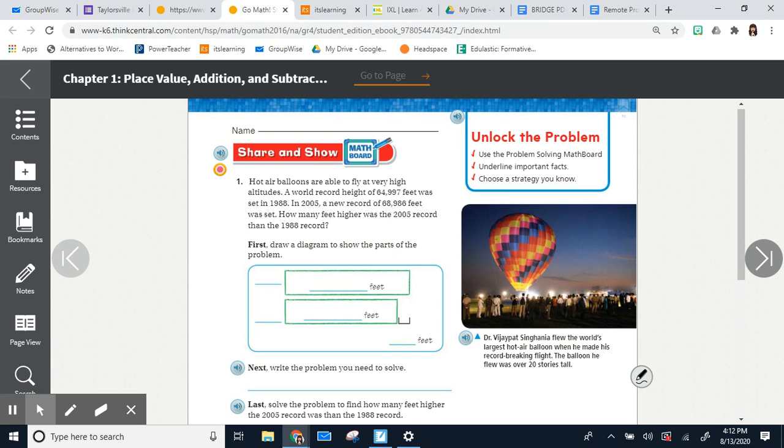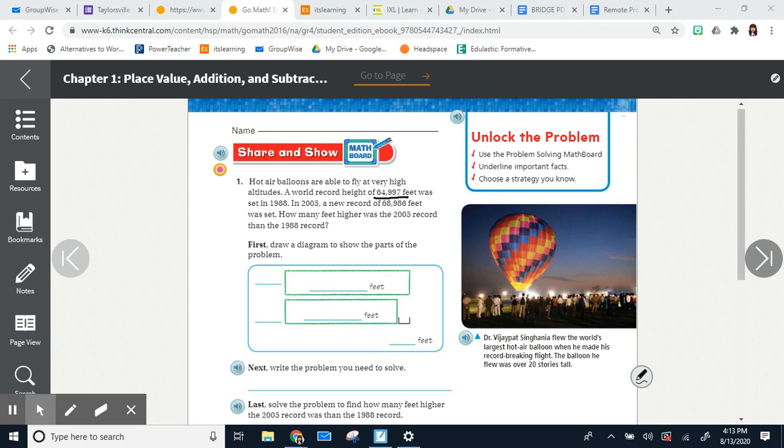So I'm going to do this one, and this will probably be my last one before I go over your homework. Okay, hot air balloons, that's what we're all about today, are able to fly at very high altitudes. A world record height of 64,997 feet was set in 1988.